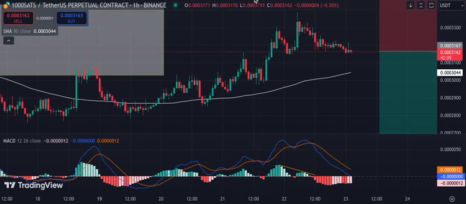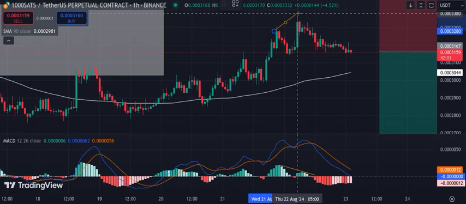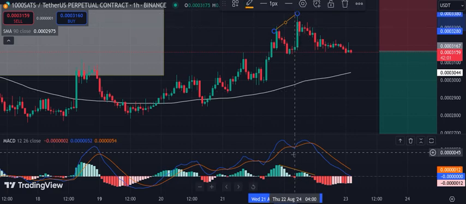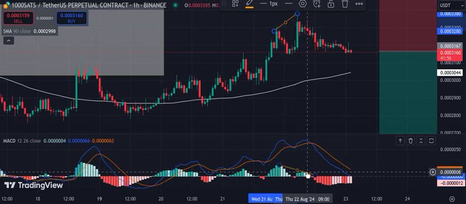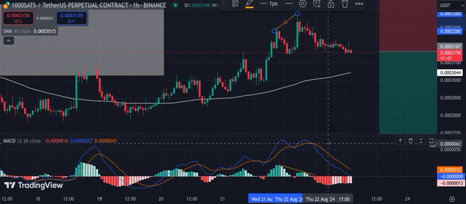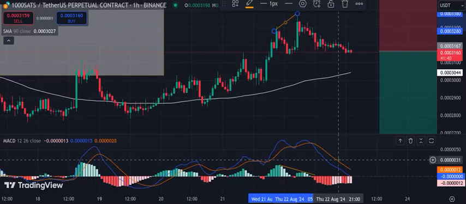But when you look at the candle, you find out it is pointing upward, while the MACD is pointing downward. So actually we are expecting the market to go to the downside, to drop from this. And once this trend line on the MACD crosses below 0 to the downside, it is another confirmation that the market will be going bearish.